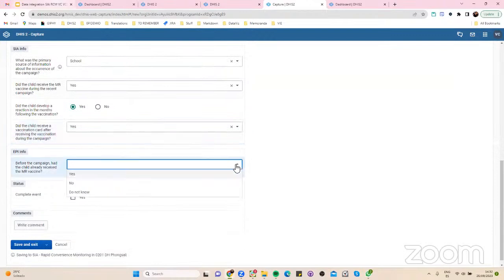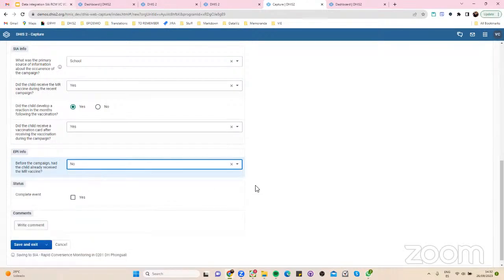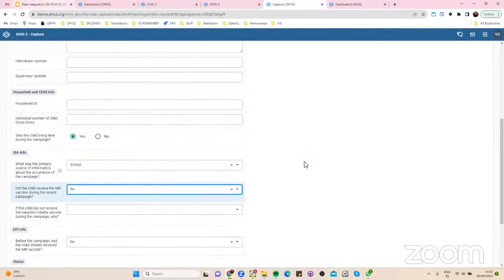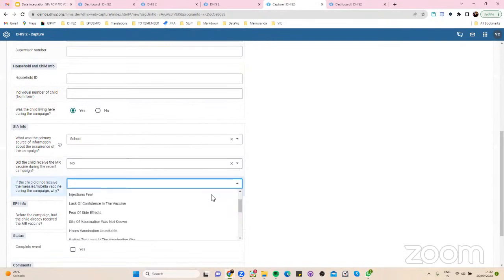And we can also ask if before the campaign the child had already received a vaccine. So yes, it could be that they have a card and therefore the dates were available, or it might not be available, or they don't know. Depending on that, you can also extrapolate this information. Or, for example, if the child did not receive the vaccination although they were present during the campaign, you can start asking why.